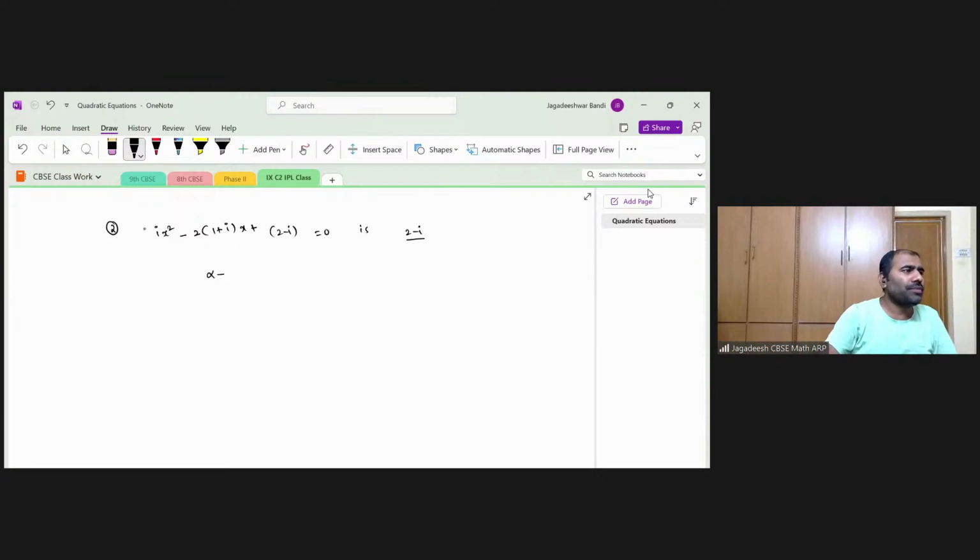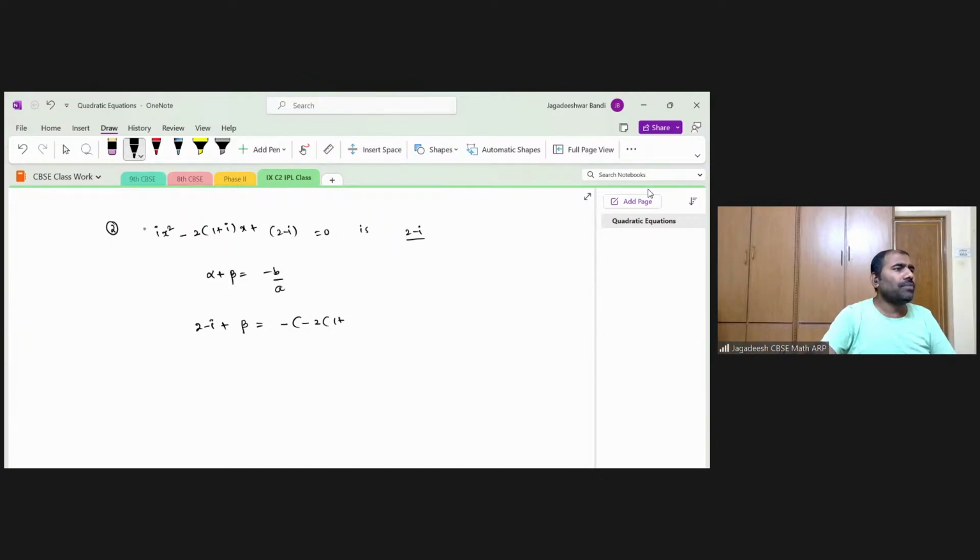So we know that alpha plus beta is minus b by a, which we have already discussed and solved. Alpha is one root, beta is another root. Alpha is 2 minus i, which is given already. We don't know beta, the second root, we have to find it. So alpha plus beta equals minus of b, the x coefficient. What is the x coefficient, children?